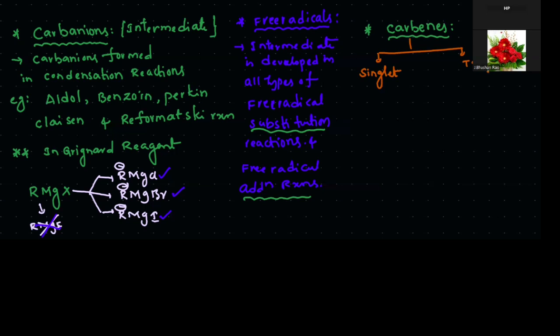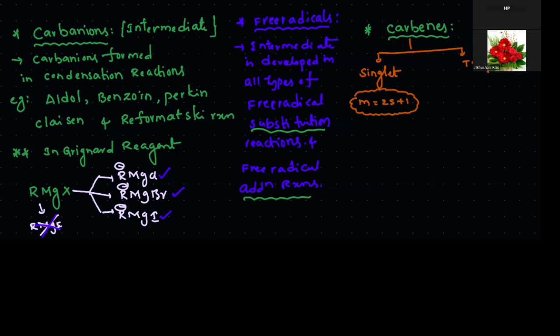In these two, singlet and triplet carbenes, how to identify whether the given carbene molecule is a singlet or triplet? Singlet and triplet depends on the M equal to 2S plus 1 formula. M equal to 2 into S plus 1.